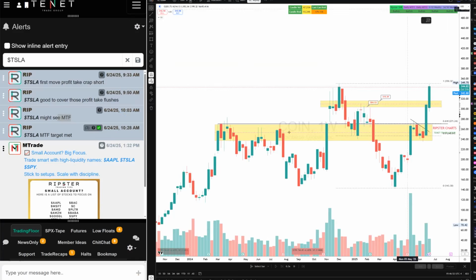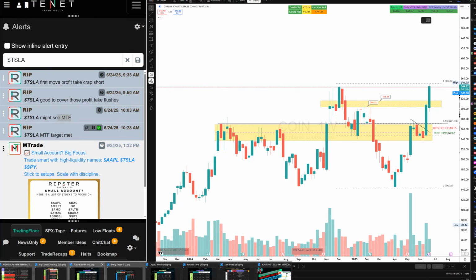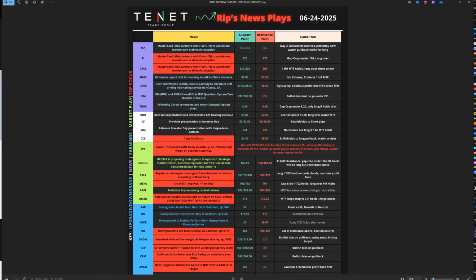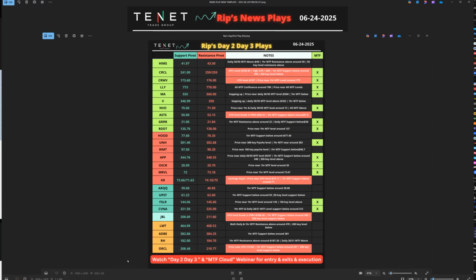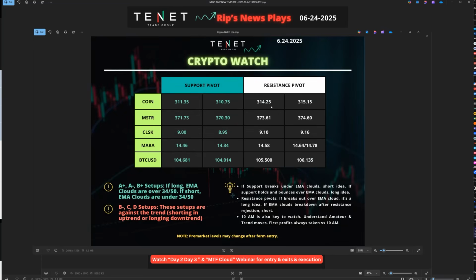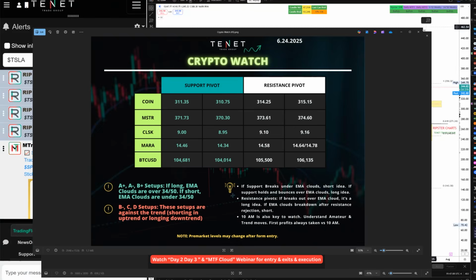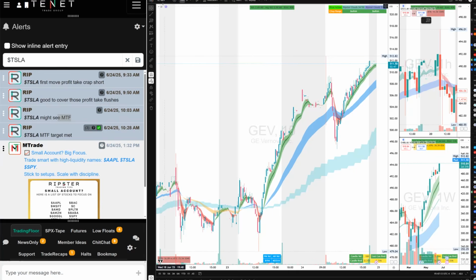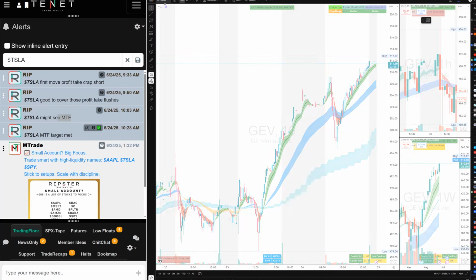So let's look at our plan on Coin today and see how we traded Coin here. Let's go to our crypto sheet and look at the levels: 314.25, 315.55. Those were our levels to trade, with Ripster Clouds. Let's see what Coin was doing all day.